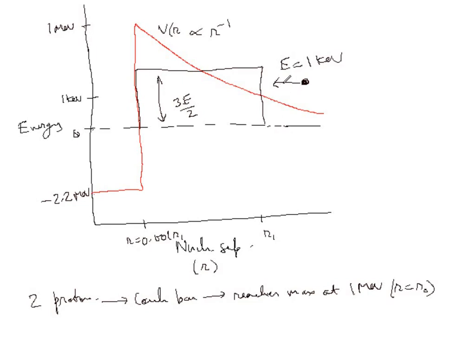Just a second. This diagram, basically, it should be this. The particle should be here. This is the point. This is the particle. This is the classical turning point.